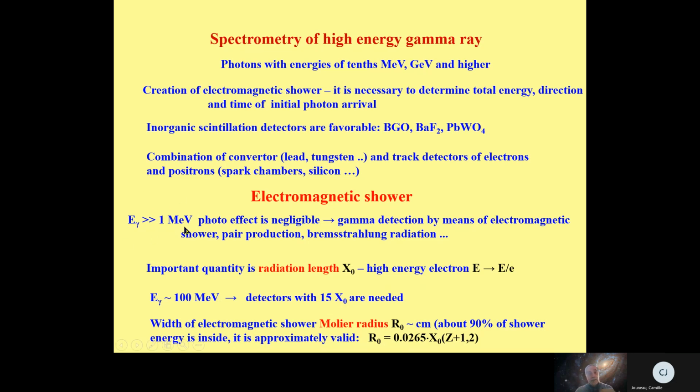This E gamma is smaller than a few MeV, because in this region of energy pair production starts to be negligible.